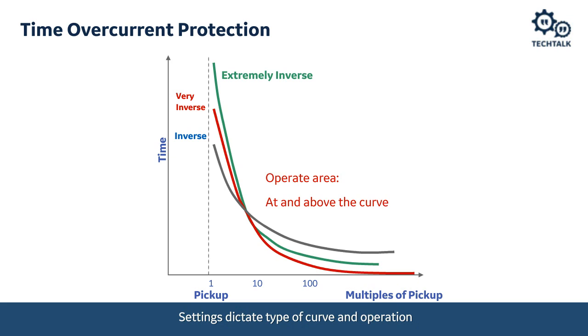So the shape of the curve helps us to build up the curve and to start to coordinate with things. And we'll see in a few moments, I'll come back to this, but the extremely inverse and the very inverse help us coordinate with fuses very well.